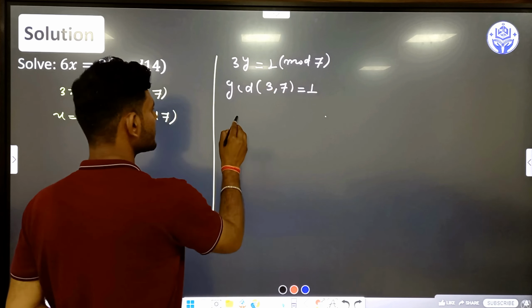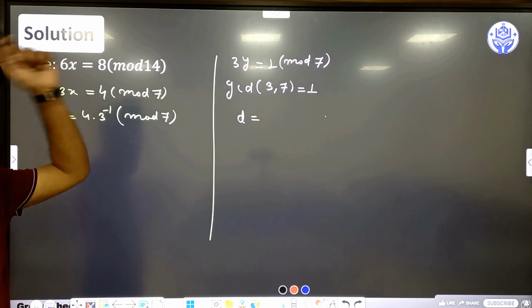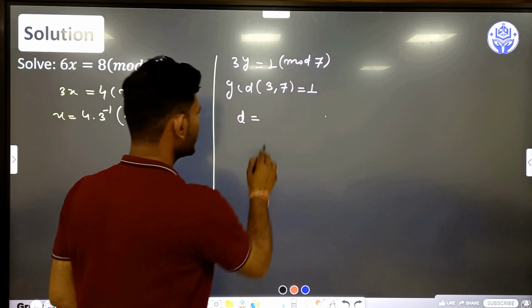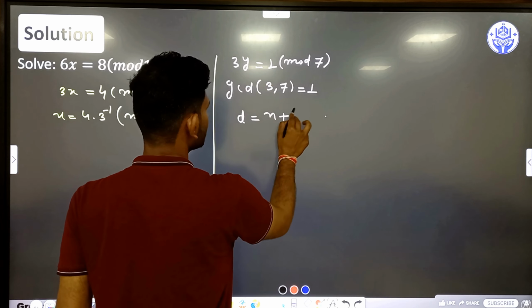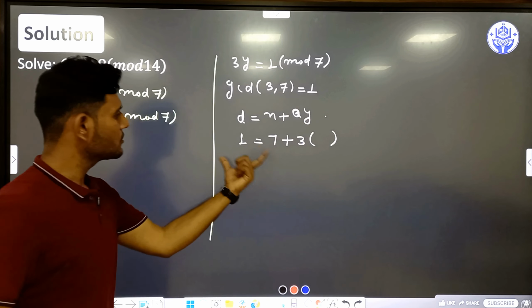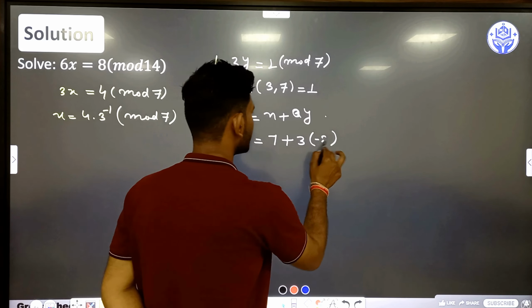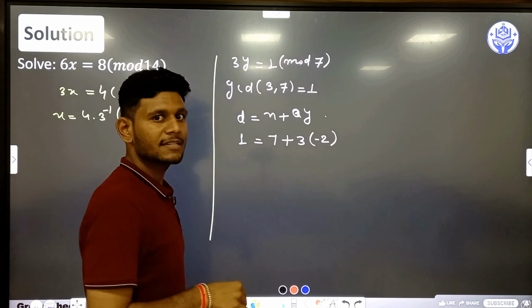Okay, if it is like this, then there is a case D is equal to N plus 3 into Y. So it is 1, that is 7, plus 3 into something here, which will satisfy this case. It will be minus 2. If it is minus 2, then 7 minus 6 will be 1.